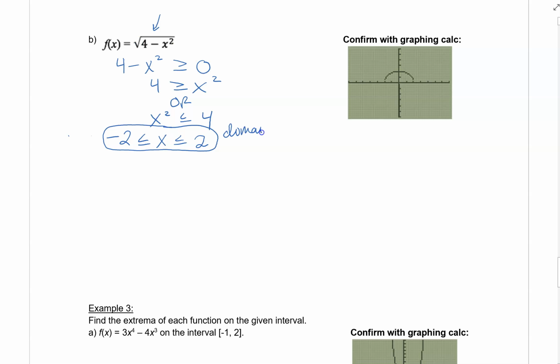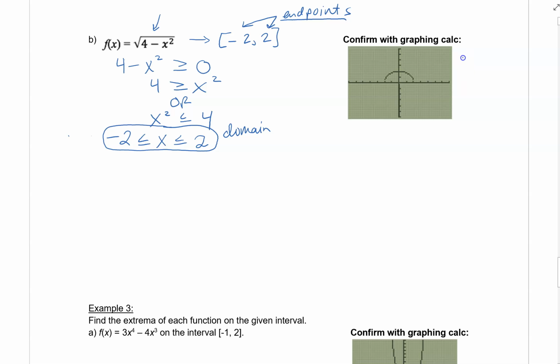And since the domain is restricted, that basically gives us an interval, right? I can include the endpoints because this function is defined when I plug in -2. I would just have a 0 under the square root, which is okay. So I can include the endpoints, but I cannot go outside of this interval. That means I'm going to have a max or a min at these endpoints. Now over here I have the graph for this equation.